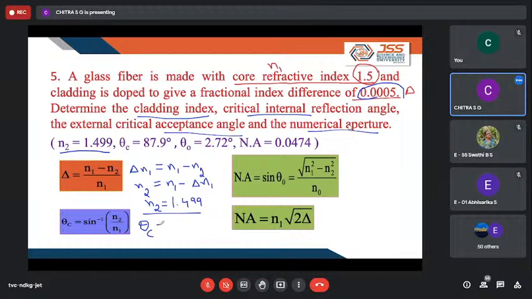Theta c is sine inverse of n2 by n1. Tell me what's the answer. 1.499 divided by 1.5, and the answer is 87.9 degrees.